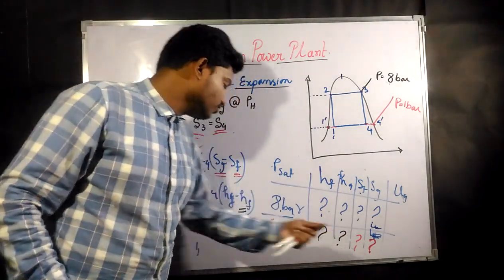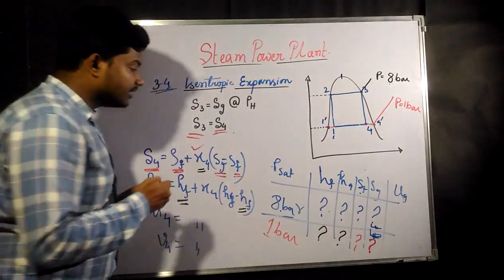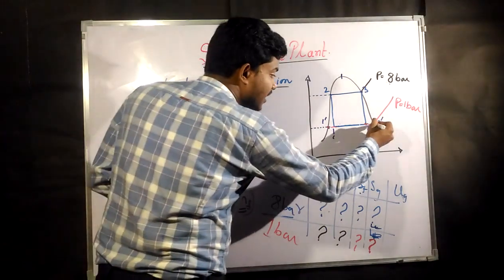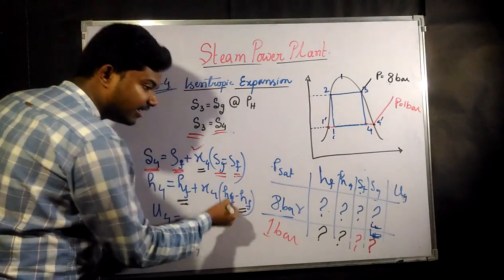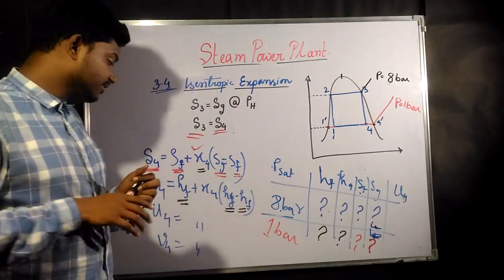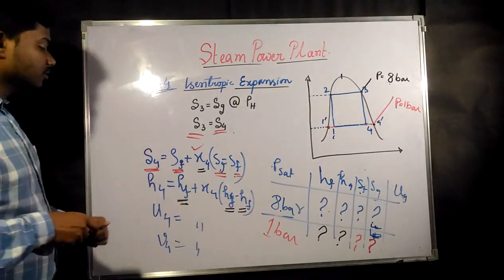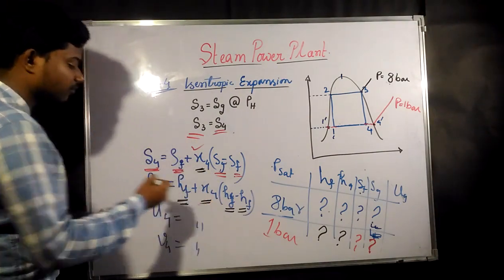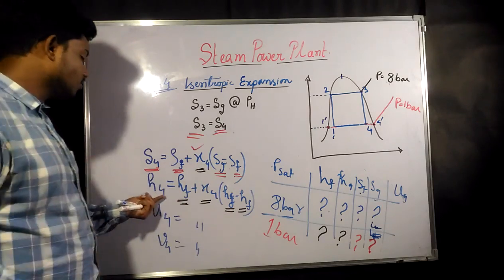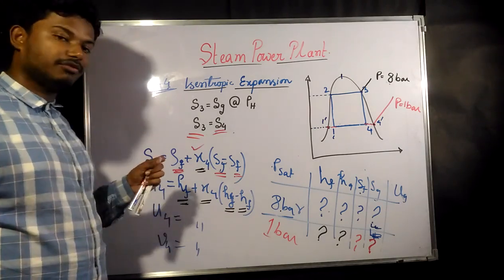Hg means the enthalpy at the gaseous line at pressure 1 bar. You can easily find and put it here. Now X4 you have already found from the previous equation. You put X4 here, and you can find your enthalpy at point 4.